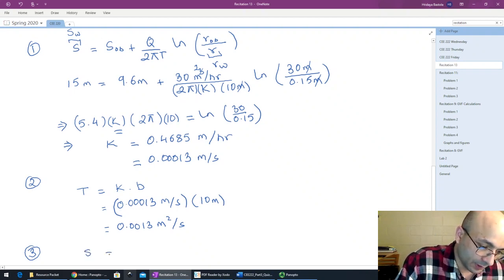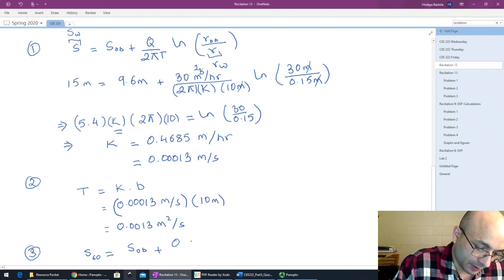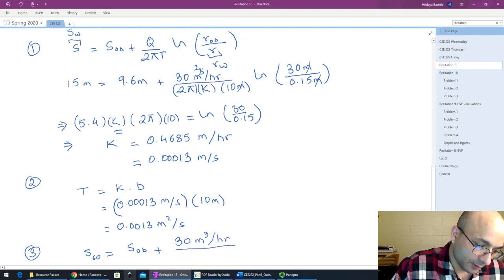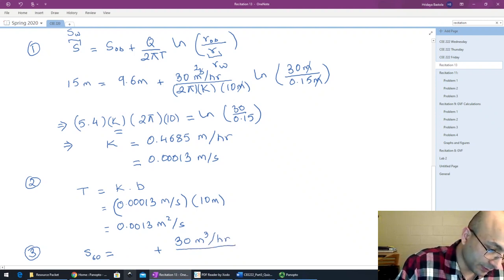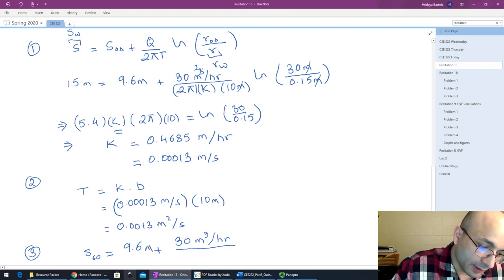Drawdown equals, so we can use subscript 60, as observed, plus, well, we know Q, 30 meter cubed per hour, and let's put the value for the drawdown, which equals 9.6 meters at a distance of 30 meters from the well center, 2 pi.